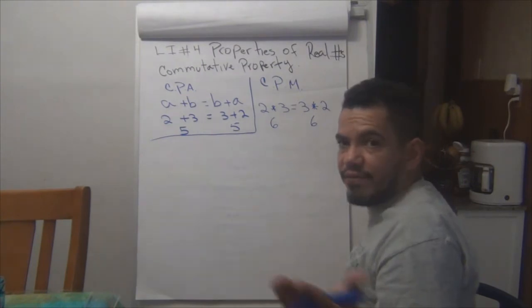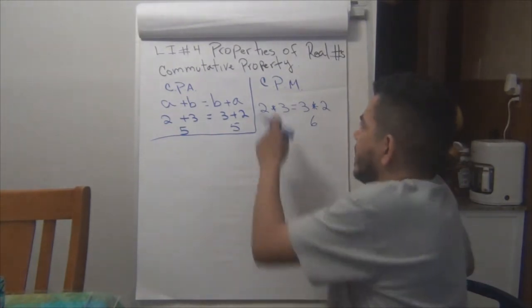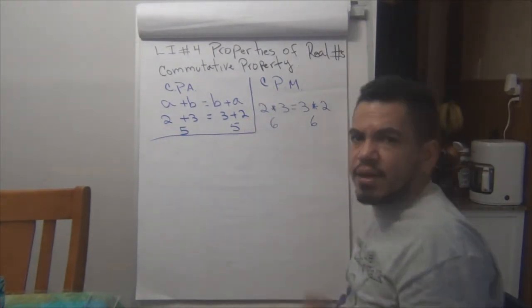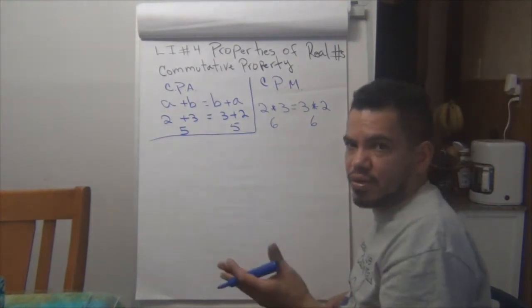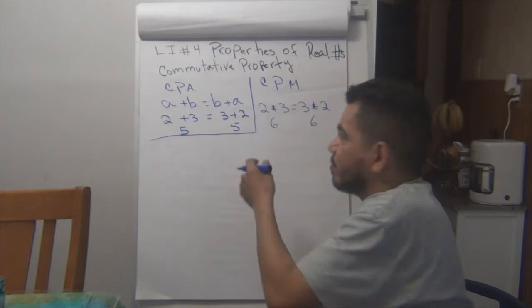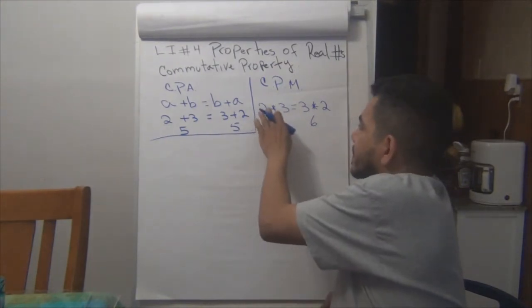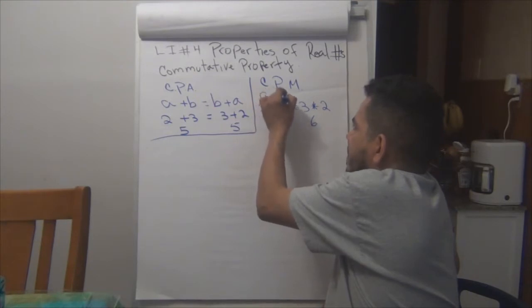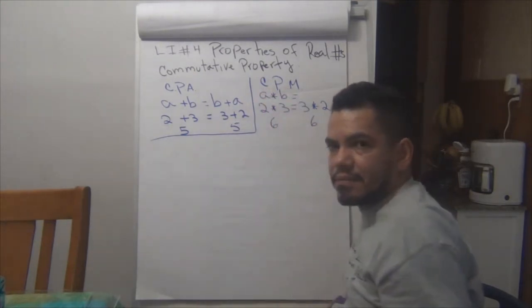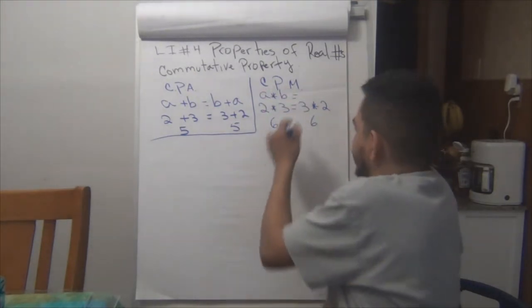Now, if you wanted it in variables, letters, you could write, and yes, it's a nice idea if you write it down, if you take notes. Taking notes is one of the most important parts. So, A times B is the same thing as B times A.